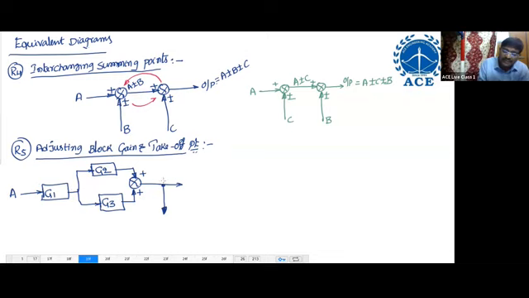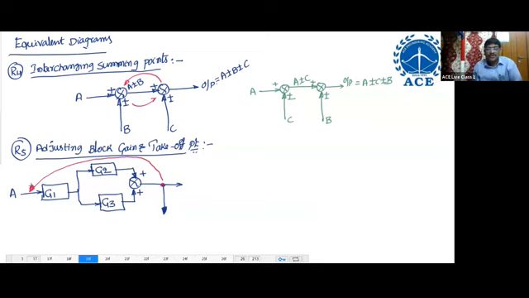Now shift this take-off point ahead of all these blocks. Draw the equivalent block diagram.